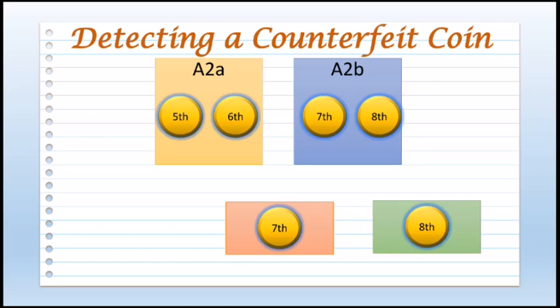Again, we will divide that group into two separate groups, and then we will compare those two coins, and depending on which coin has lesser weight, we will know which one is the counterfeit coin. So here, suppose the 7th coin has less weight, then the 7th coin is the counterfeit coin. Else if the 8th coin has lesser weight, then coin number 8 will be the counterfeit coin.